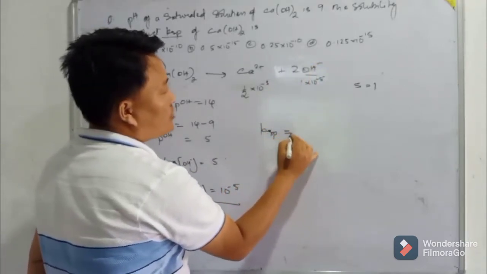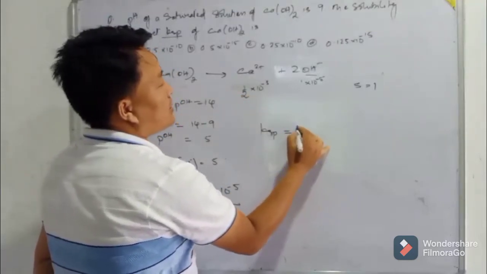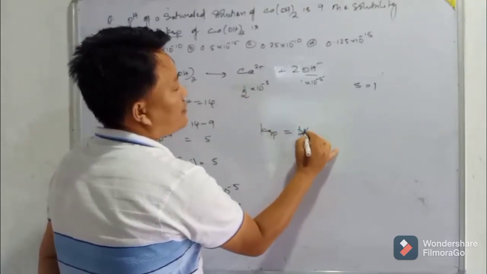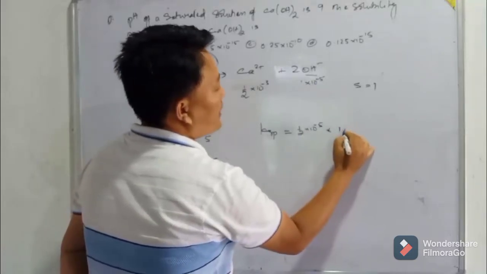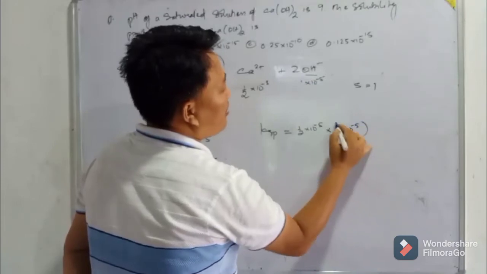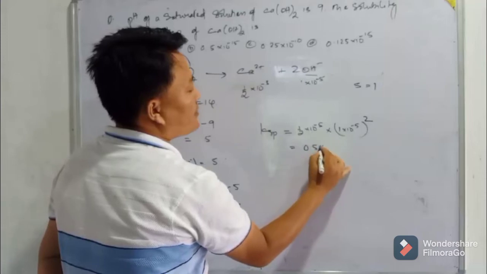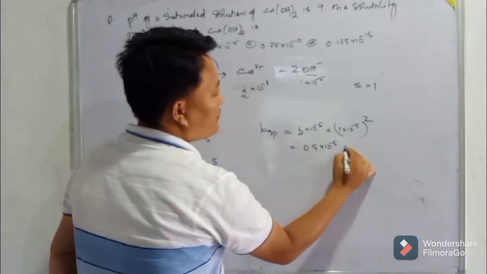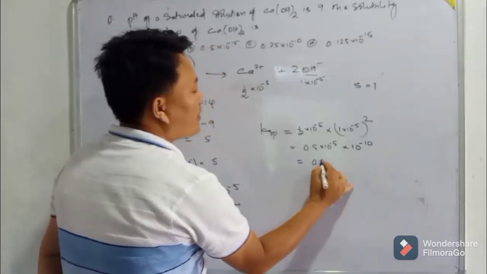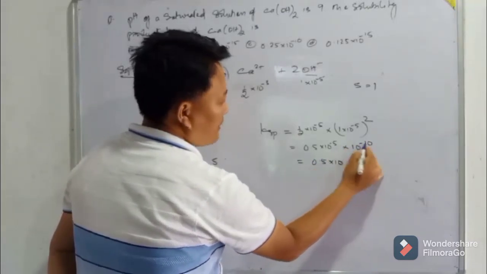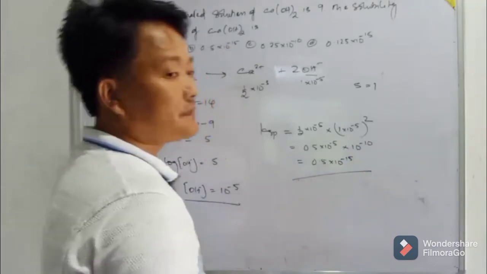Now KSP is equal to half into 10 to the power minus 5 into 1 into 10 to the power minus 5, 2 times, which is equal to 0.5 into 10 to the power minus 5 into 10 to the power minus 10, which is equal to 0.5 into 10 to the power minus 15. Answer.